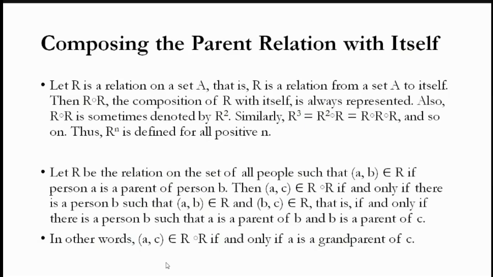So this kind of relation you can identify. In other words, (A, C) belongs to R composite relation R if and only if A is the grandparent of C.